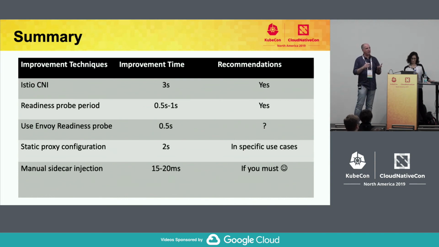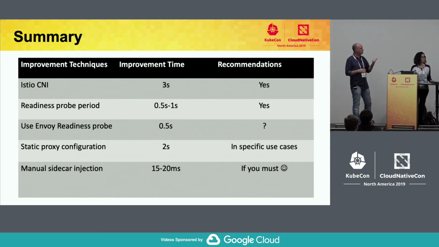If you're OK with retrying communications, you can cut down another half a second by changing from the pilot agent startup probe to the readiness probe of Envoy itself. Static configuration, again, is very helpful, but it is a complicated thing, so proceed with caution. And the last one, I think, is mostly for fun.